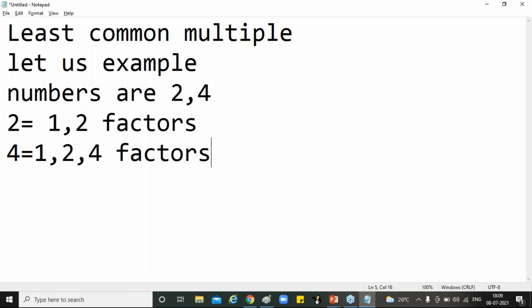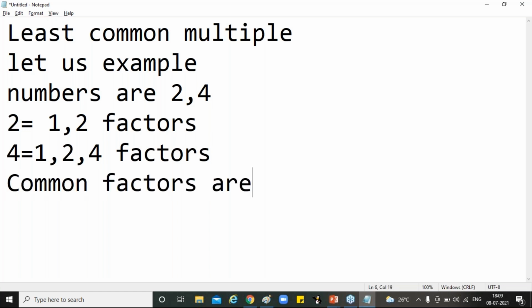Whenever we know the factors of 2, 4, which are 1, 2 and 1, 2, 4, the common factors are 1, 2.